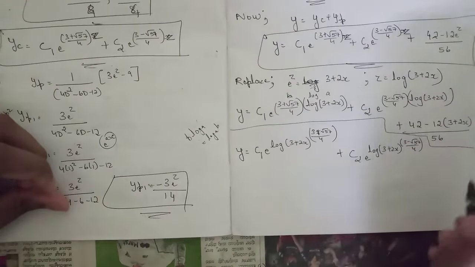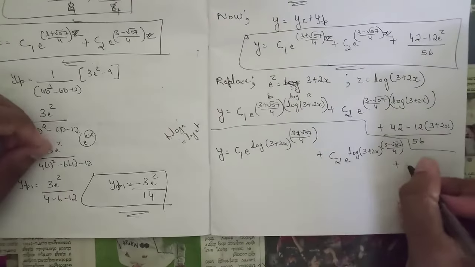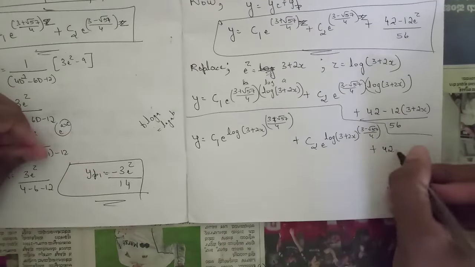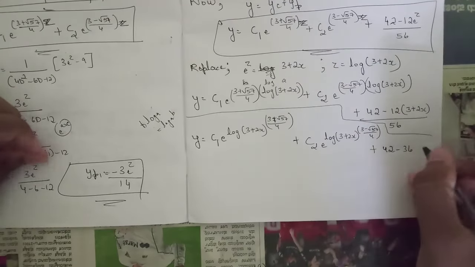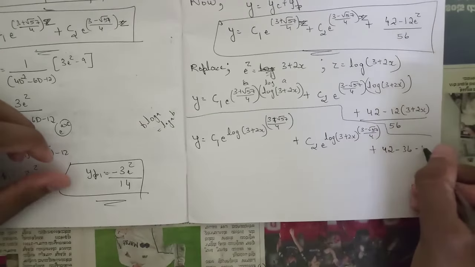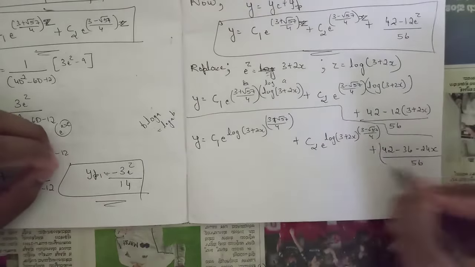Plus 42, multiply this 12 inside, so we get 12 3s are 36, and minus 12 into 2 is minus 24x, divided by 56.